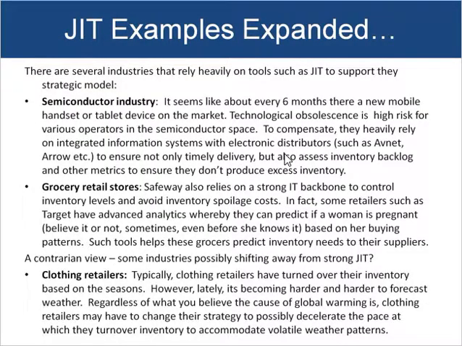Definitely there are a lot more examples, so I'm not going to go through this in detail. If you really think about where the world is headed, for example, it's becoming increasingly difficult to predict weather patterns with the global warming phenomenon.